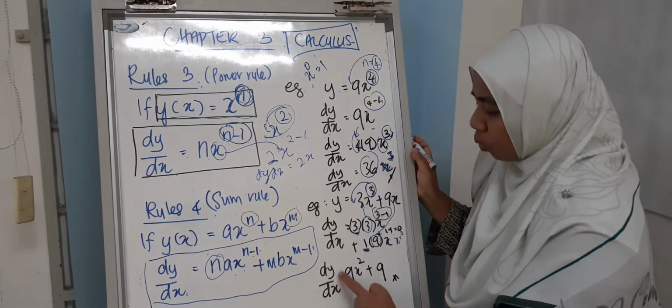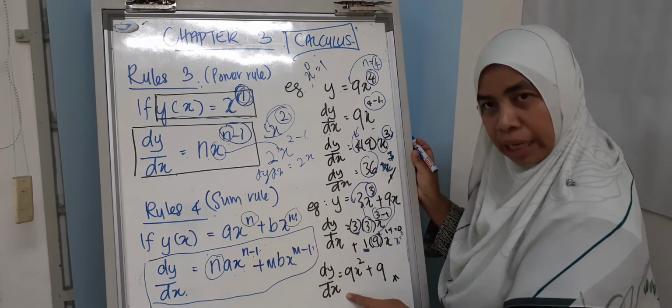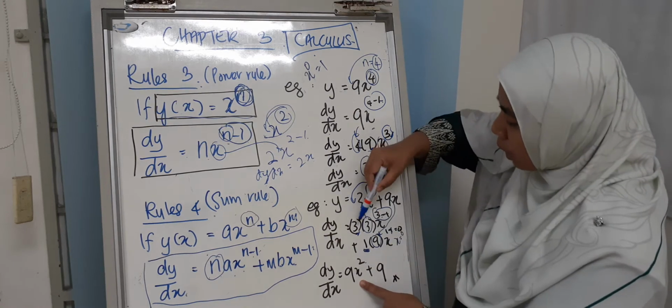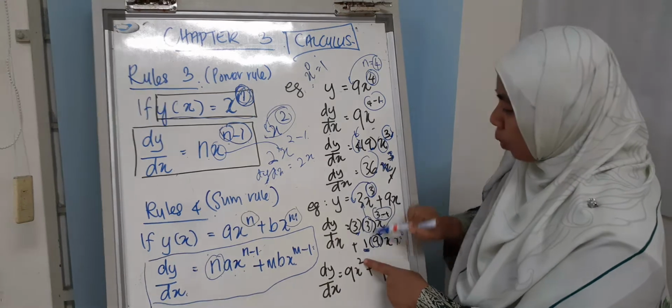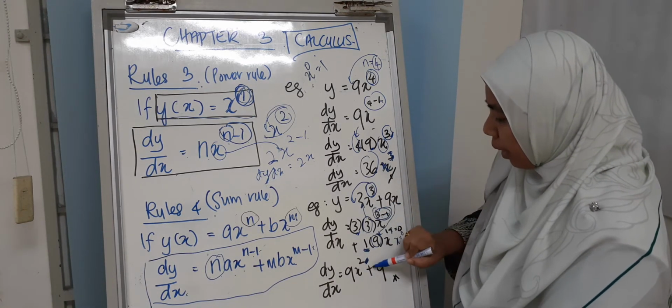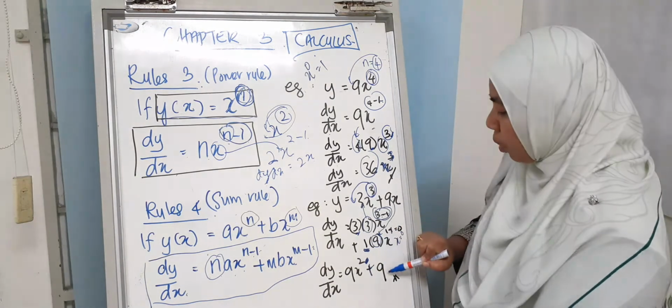So the answer for rule number 4, dy per dx, is 9x to the power of 2, because 3 times 3 will be 9, and 3 minus 1 will be 2. And plus this one, 1 times 9 will be 9.